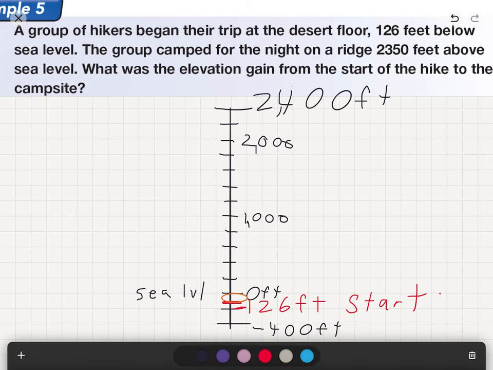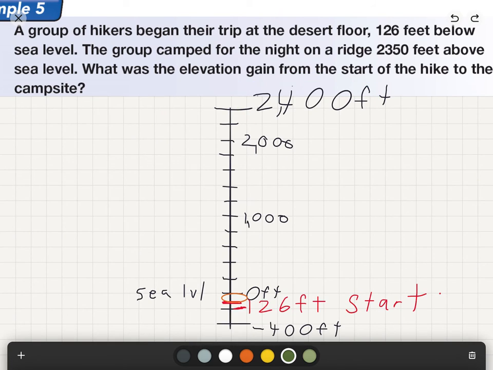And then we're going to end up way up here at 2,350 feet, which is quite an amazing day of hiking, if I may say. So I'm going to say this is at 2,400 feet.